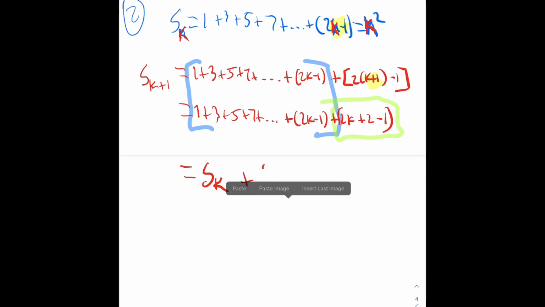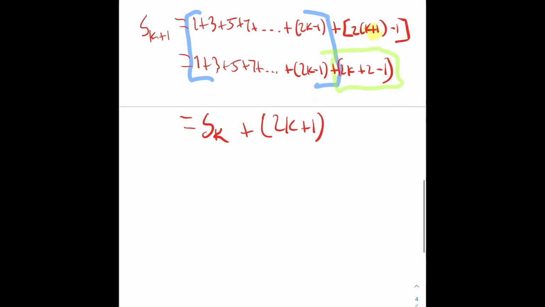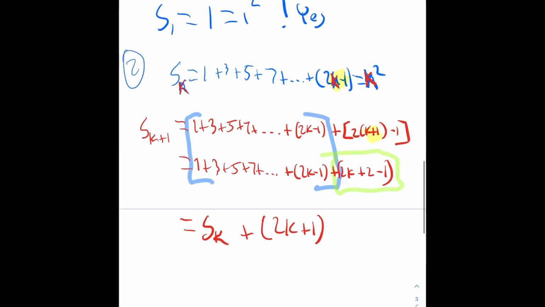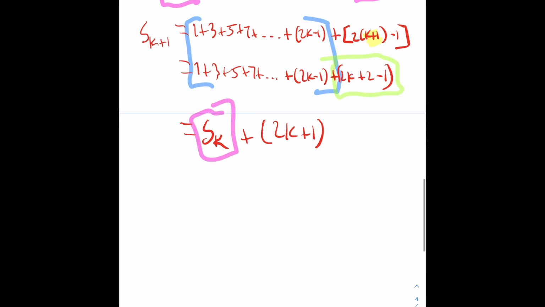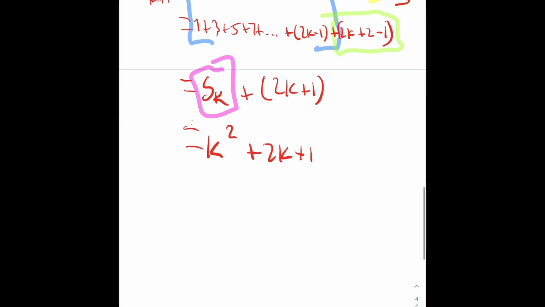And I can simplify 2k plus 2 minus 1 to just be plus 2k plus 1. We already said that this whole thing equaled right here. We said that S k equals k squared. So I'm going to plug in k squared for S k.